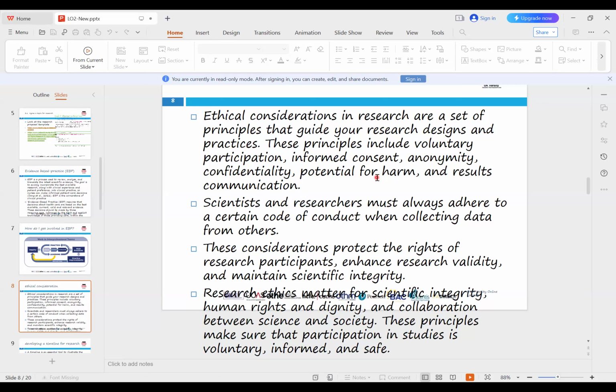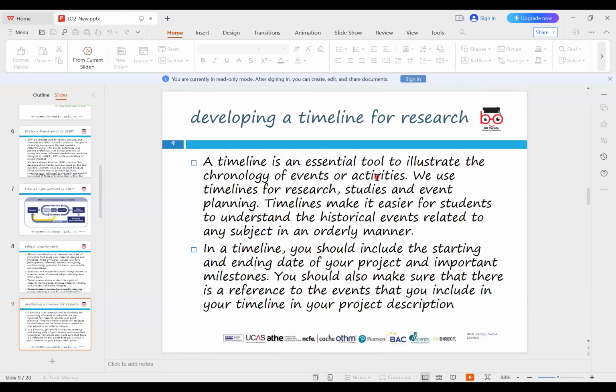Research ethics actually matter for scientific integrity, because you're going to publish your research, which is going to be used in wider sectors. So you need to make sure that you're adhering to these principles, and that your participants are informed. It's a voluntary and safe research that you're conducting.